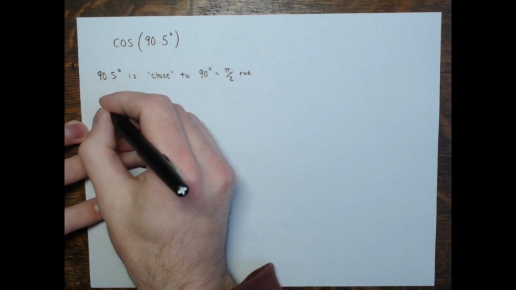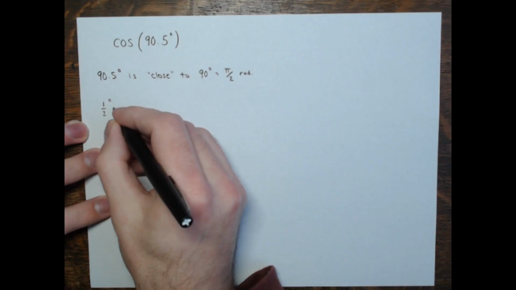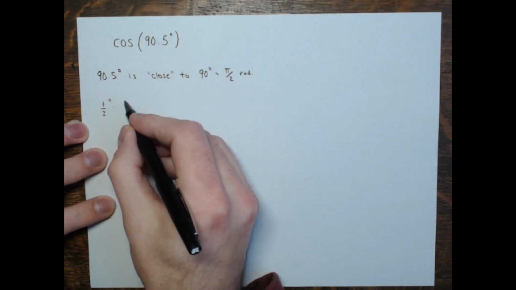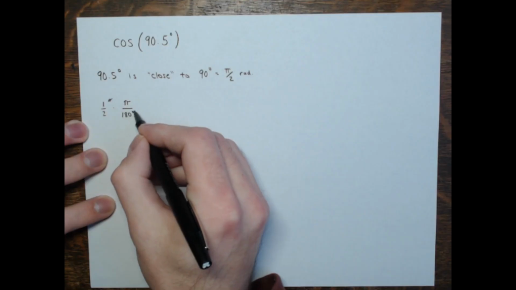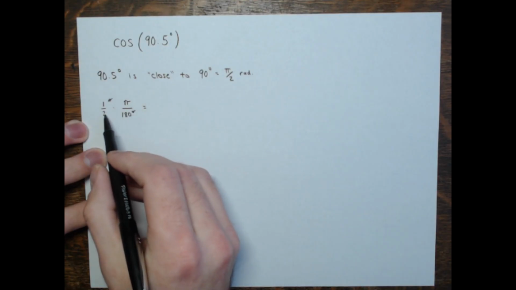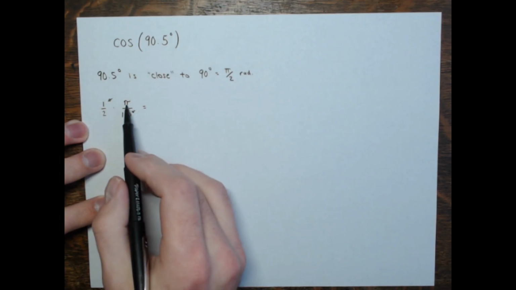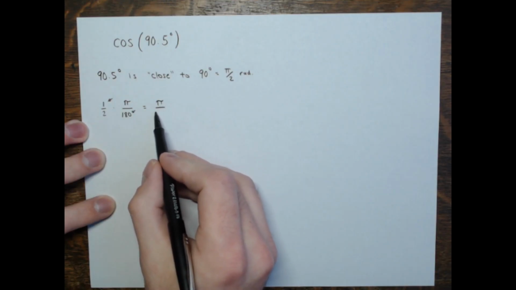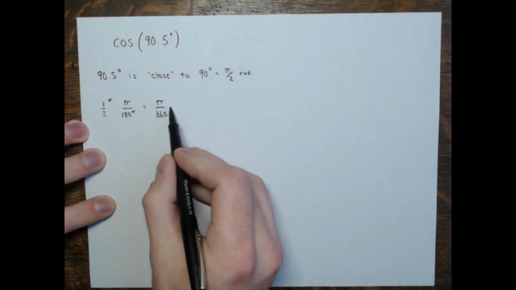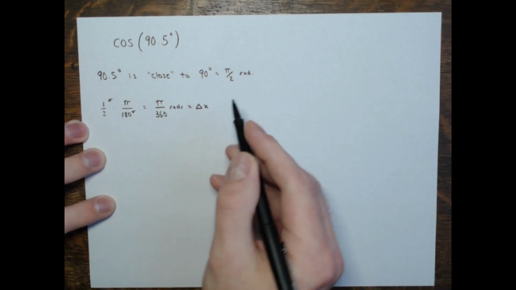And then half a degree I'm going to multiply that by, remember the conversion factor was pi radians per 180 degrees, and that'll cancel your degrees. So the change in x here, how much we're increasing this by, is pi over 360 radians, right? This is going to be the change in x.